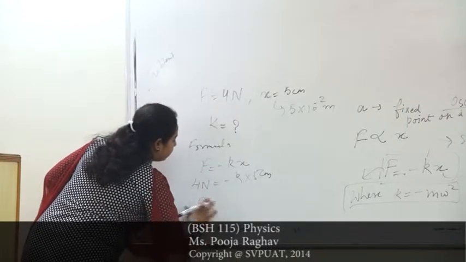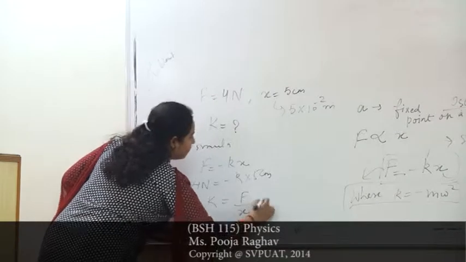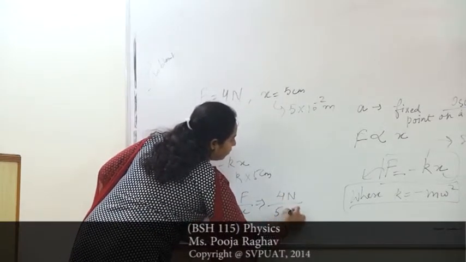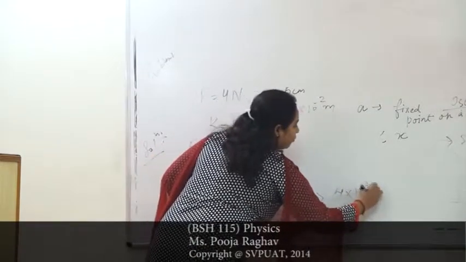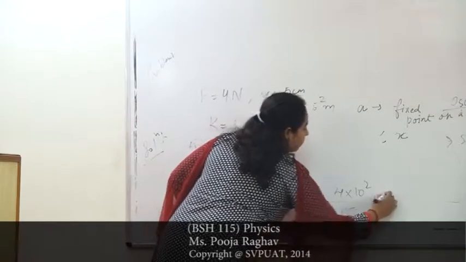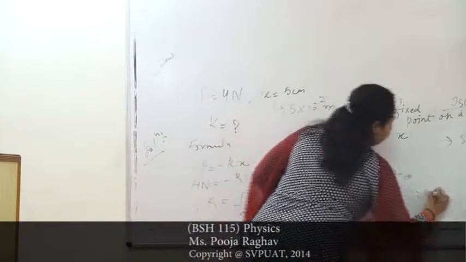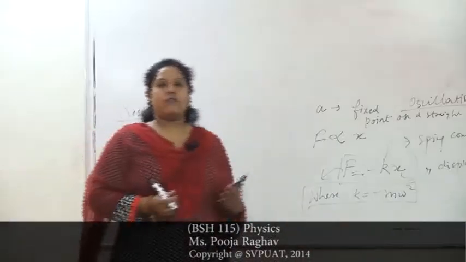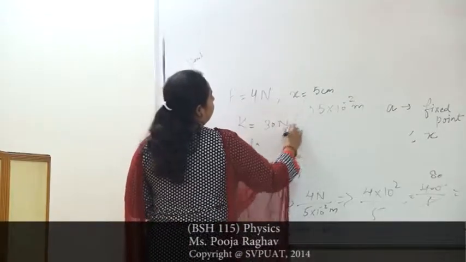Then k equals F upon x, 4 Newton upon 5 into 10 to the power minus 2 meter, that is 400 upon 5, equals 80 Newton per meter. The value of the spring constant is 80 Newton per meter.